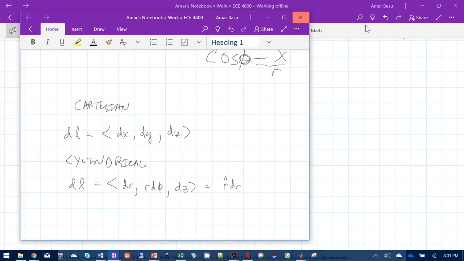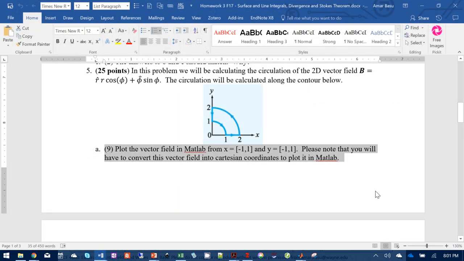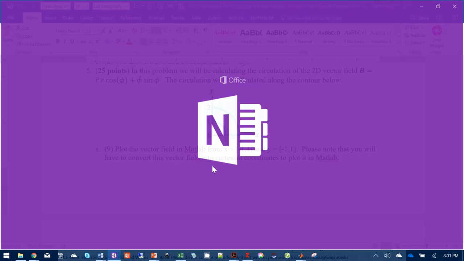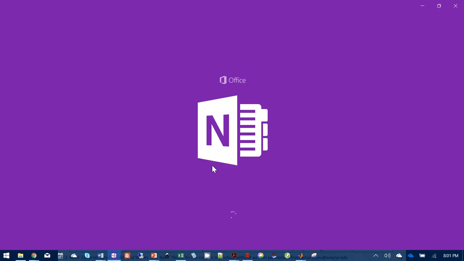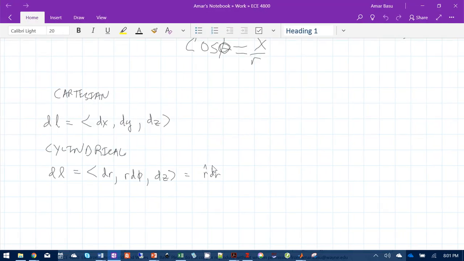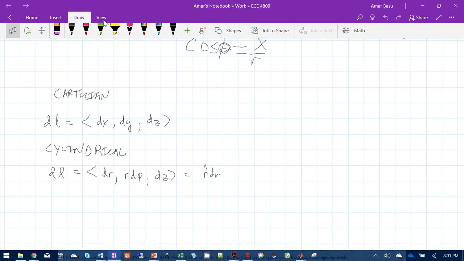It's actually just a crappy pen. In a couple weeks I'm getting the new Surface Book, and the pen on that is awesome. So that's part of the reason why. If this doesn't work, then I will just draw on the board. Yeah, looks like I'm drawing on the board today.